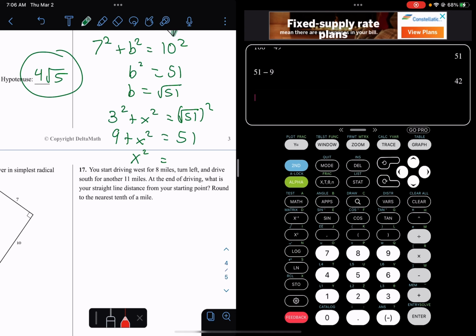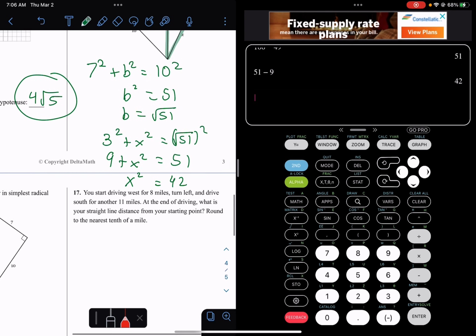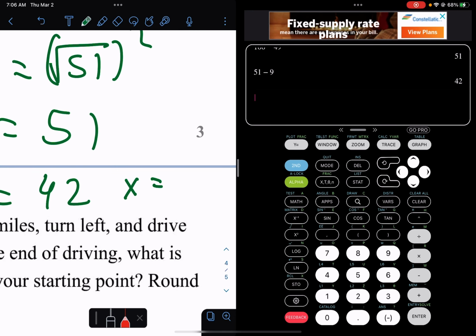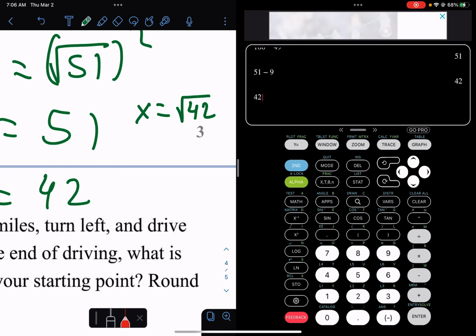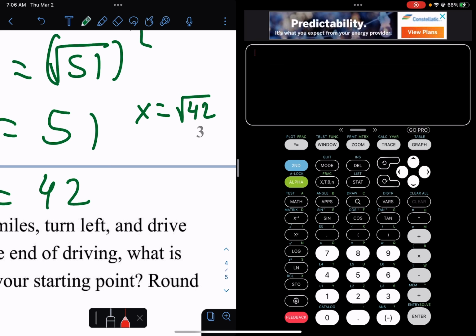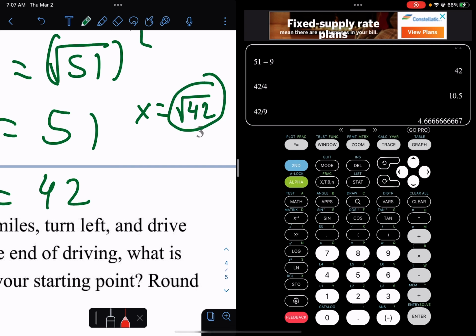So we get x squared equals 42. So x is going to be equal to the square root of 42. And let's see, can we break that down? 42, I don't know about that one. Let's see, 16, 25, 36. Yeah, so actually we cannot break down the square root of 42. That's an interesting one. So that's our answer here, root 42.